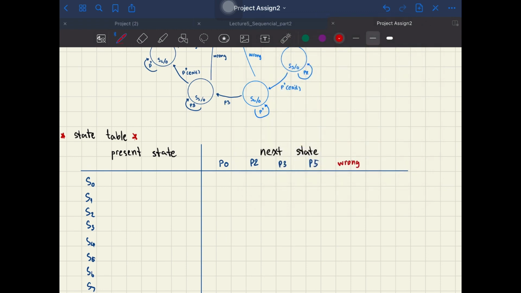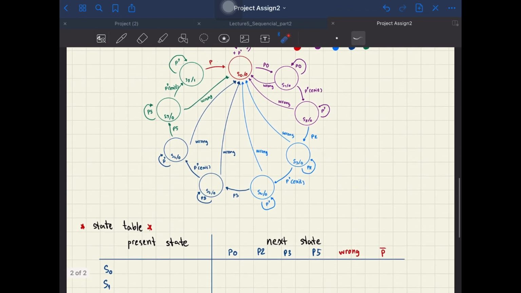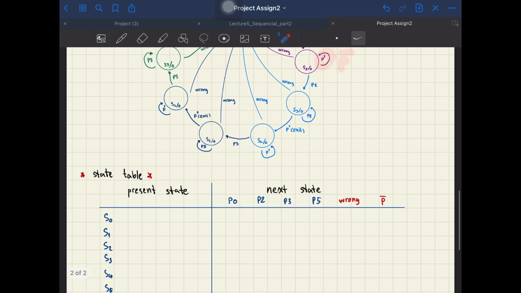And the last one is P bar. It means that you do nothing or you leave the button. So I just put P bar. So we have P0 here, P2 is here, P3 is here, and P5 is here, and the wrong things, and P bar or P complement is the same thing.